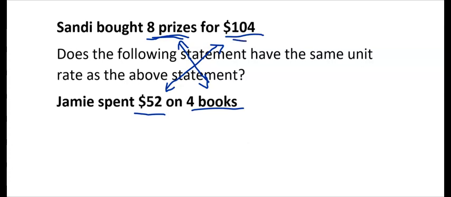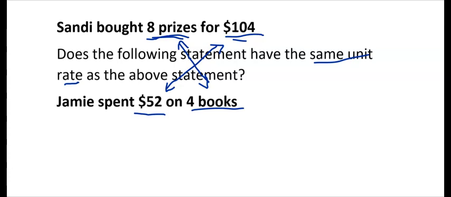So since you are actually dividing them both by the same amount and you are scaling them the same amount, then the answer would be that yes, they would have the same unit rate. Or you could just get them down to their unit rate.